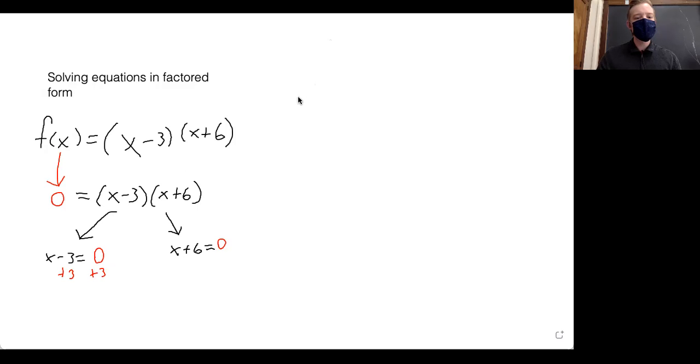And so then this gives me x equals positive 3. And that represents the point (3, 0). That's one of my two x-intercepts, just like we found from the graphs. For the second equation here, we would subtract 6, exactly.